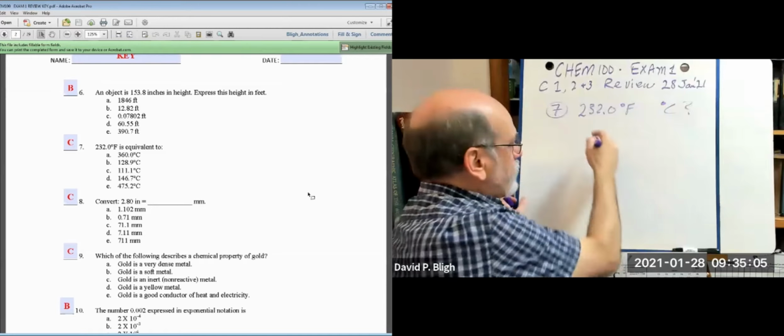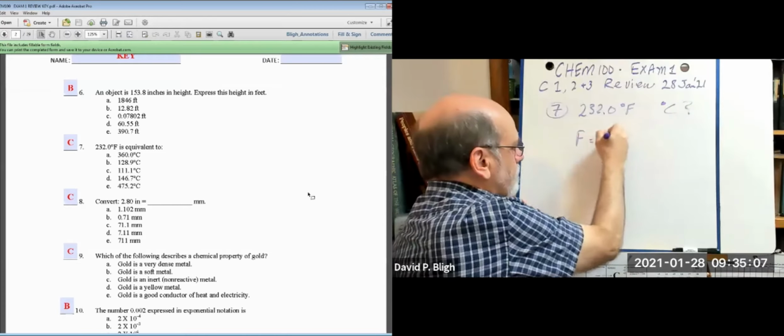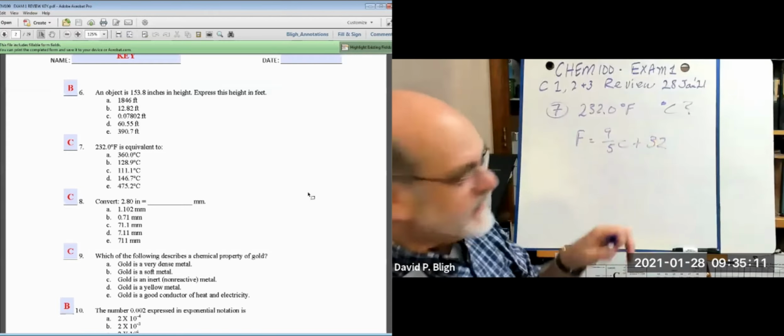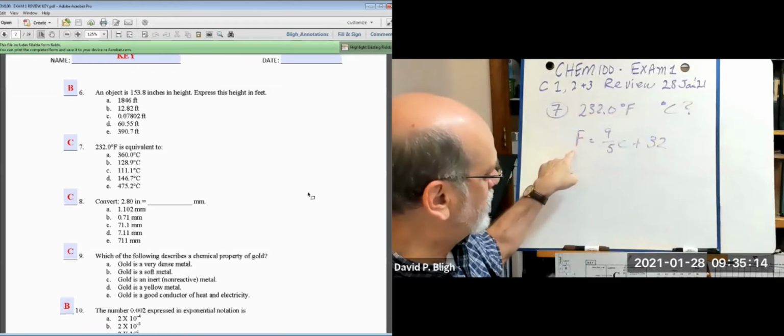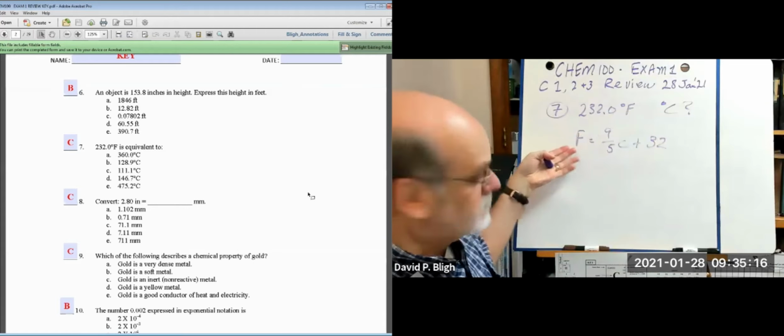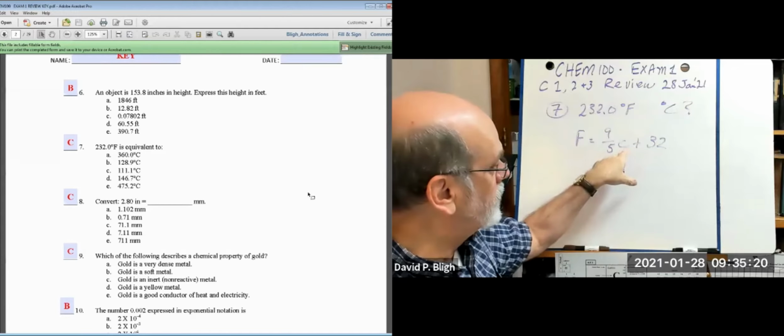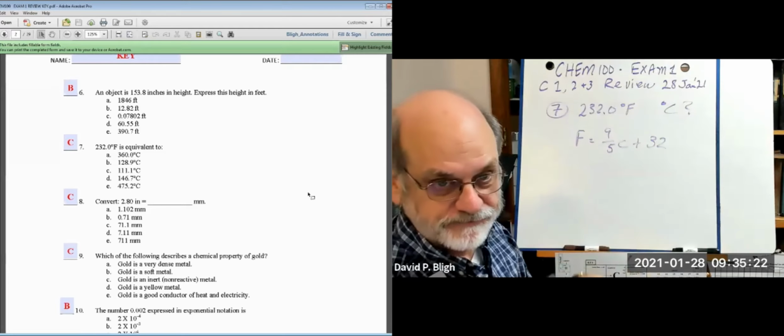So using the same formula, we can either plug this number in here and then do the algebra, or we can solve the equation for our unknown and then plug the numbers in.